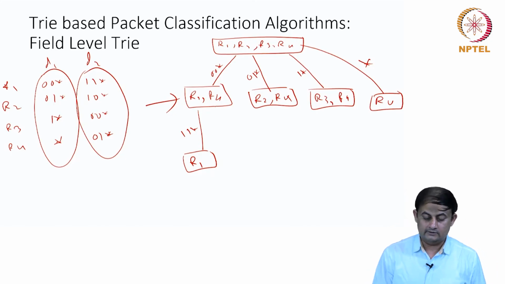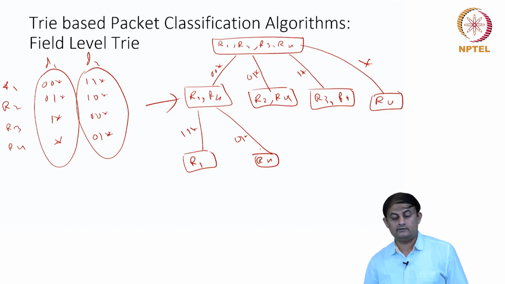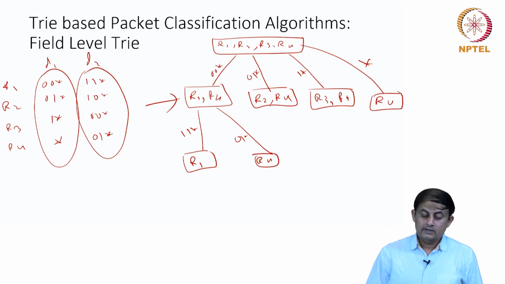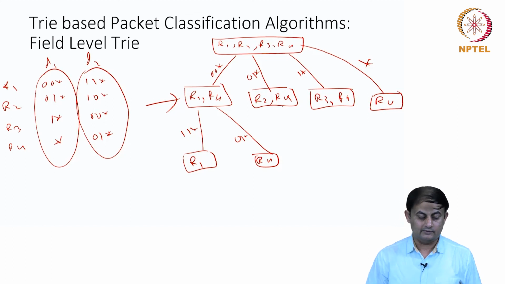And if 0 star is found, then the rule R4 is applicable, so I write that as a separate node. Similarly, on this node combination R2 with R2, R4, if you happen to read 0 star in the second level, then R2 is applicable.